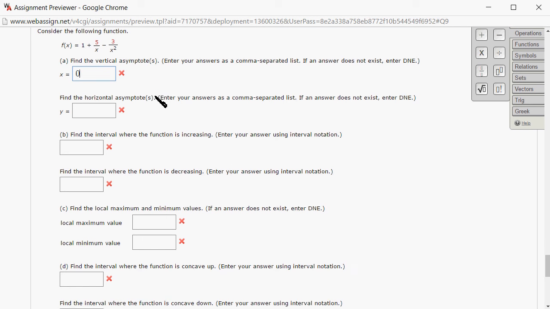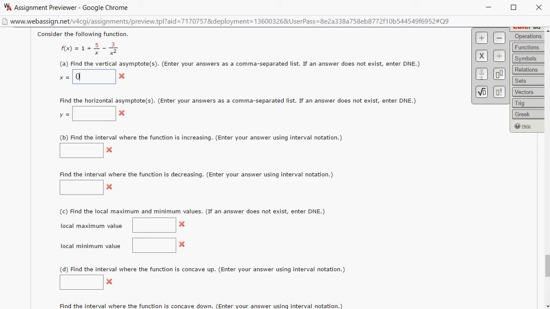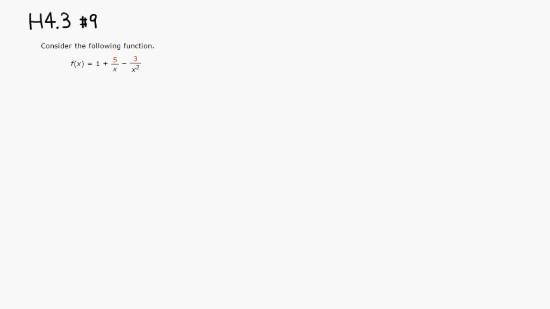Horizontal asymptotes, we just need to take the limit at infinity. So we take the limit as x approaches infinity. Actually, in this case, negative infinity is going to give you the same answer. So you have 1 plus 5 over x minus 3 over x squared.